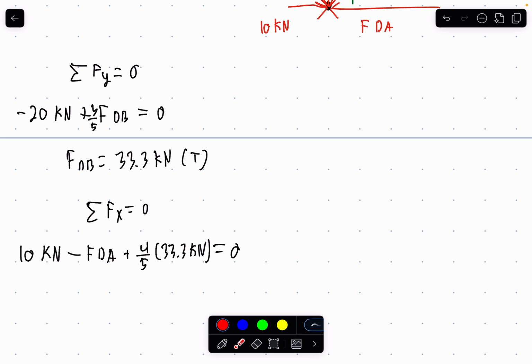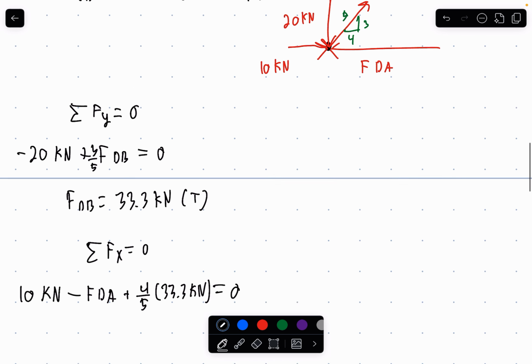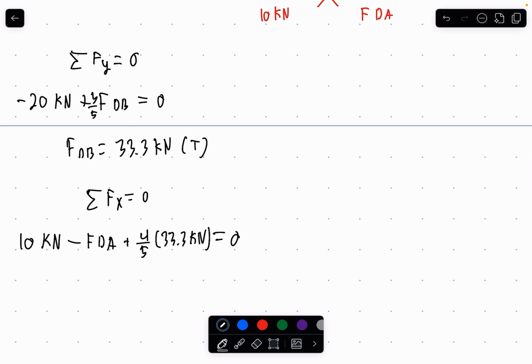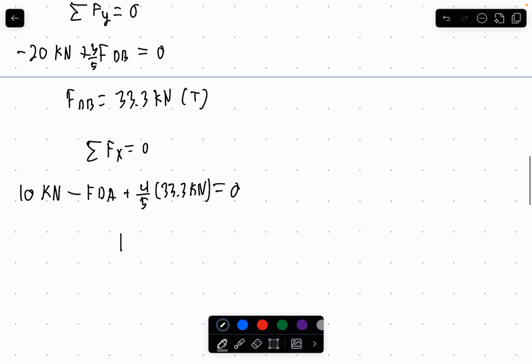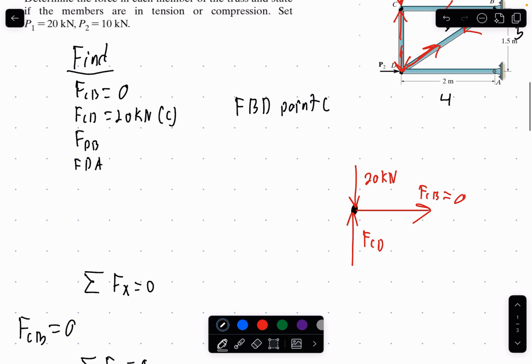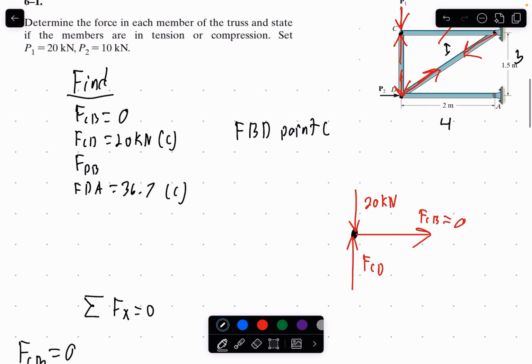Just using this 4/5 right here to get the horizontal component of member DB. Okay, if you plug it into your calculator, you should find force of DA is equal to 36.7 kilonewtons and it will be in compression. Okay? So 36.7 in compression. Or our other found variable, DB, is 33.3, and we know that is going to be in tension right there.